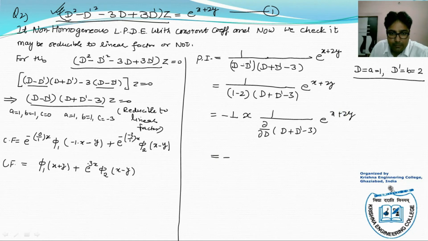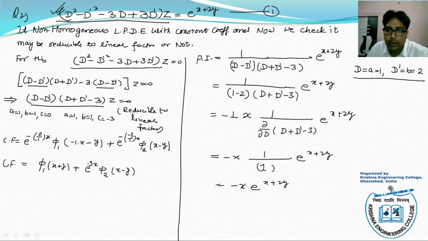Right? This is minus x, and differentiate partially with respect to capital D only. So this becomes 1, e to the power x plus 2y. So this becomes x e to the power x plus 2y. This is the case when our rule fails.